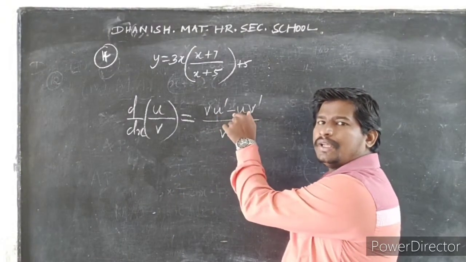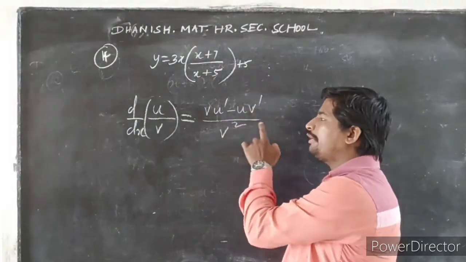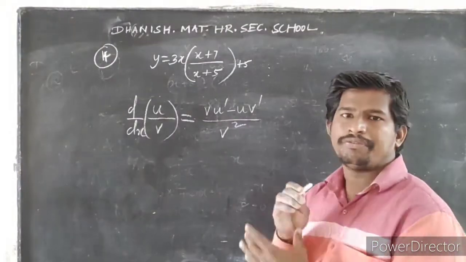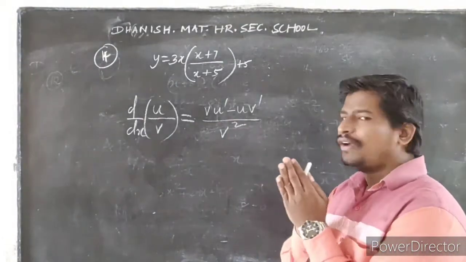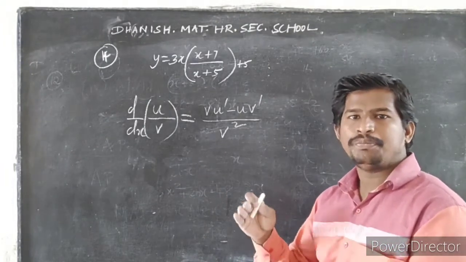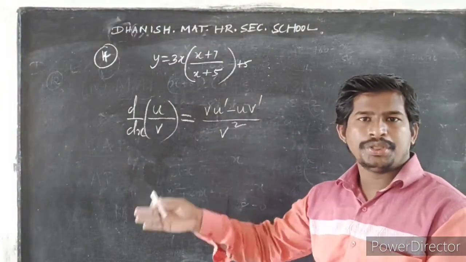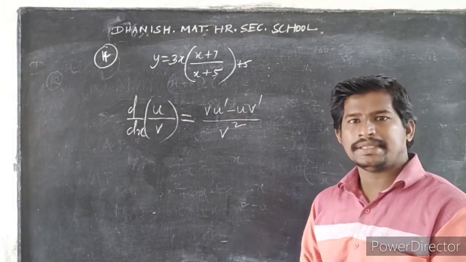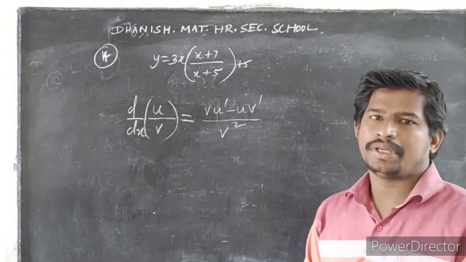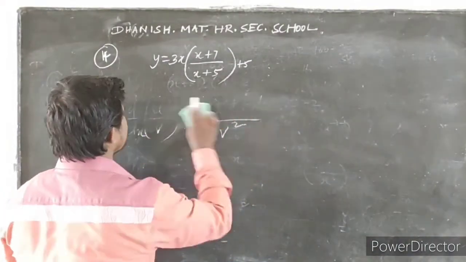Minus, we have to keep u as it is, and then we should differentiate v, the whole divided by v square. That's it. You should know the u by v form.